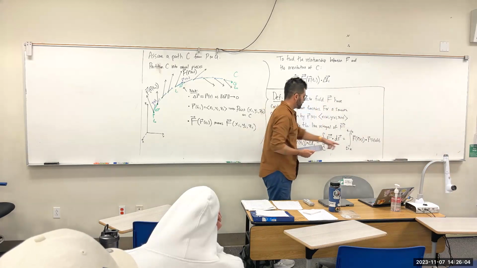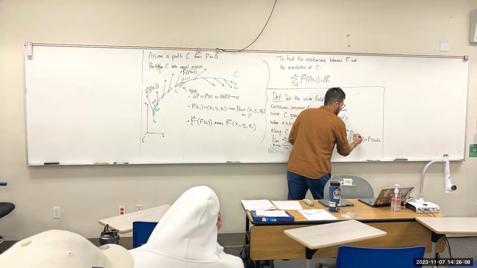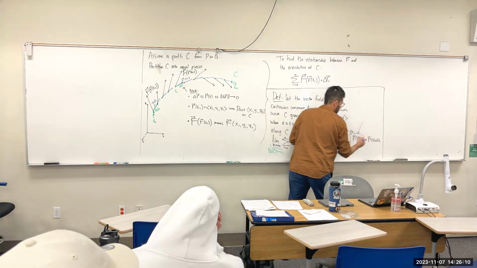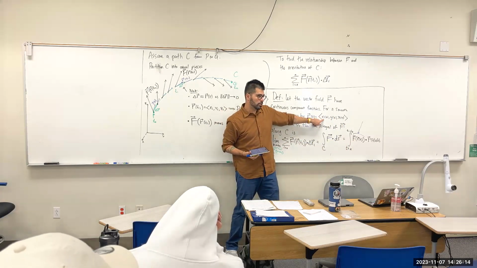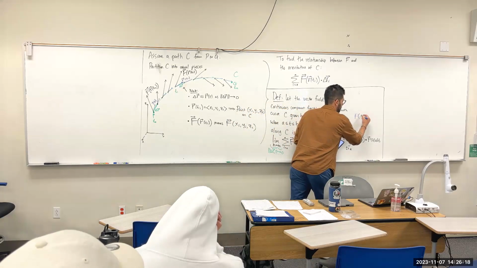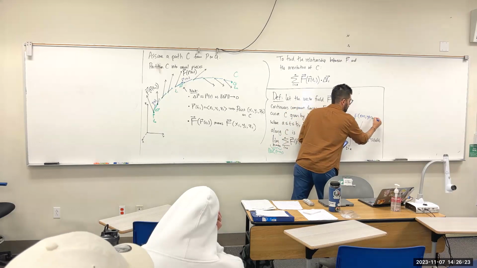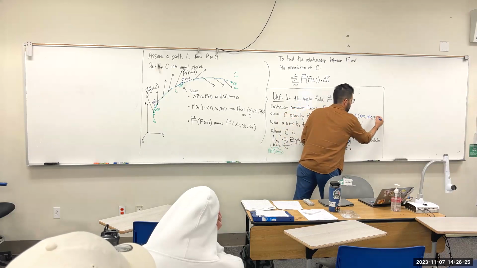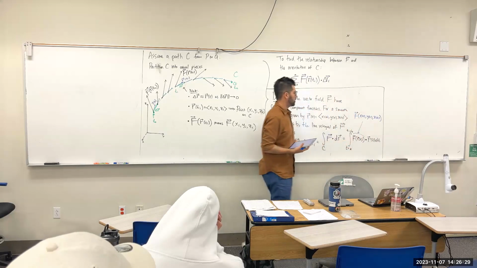See this part right here, this composition again? I want you guys to remember that this composition really means that you're plugging in the x function into the vector field. You're plugging in the y function into the y part of the vector field, and the z function into the z component of the vector.